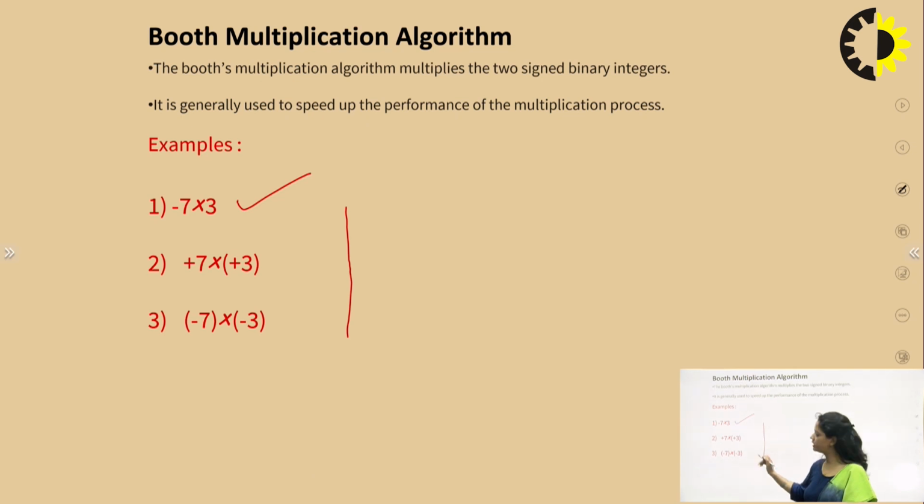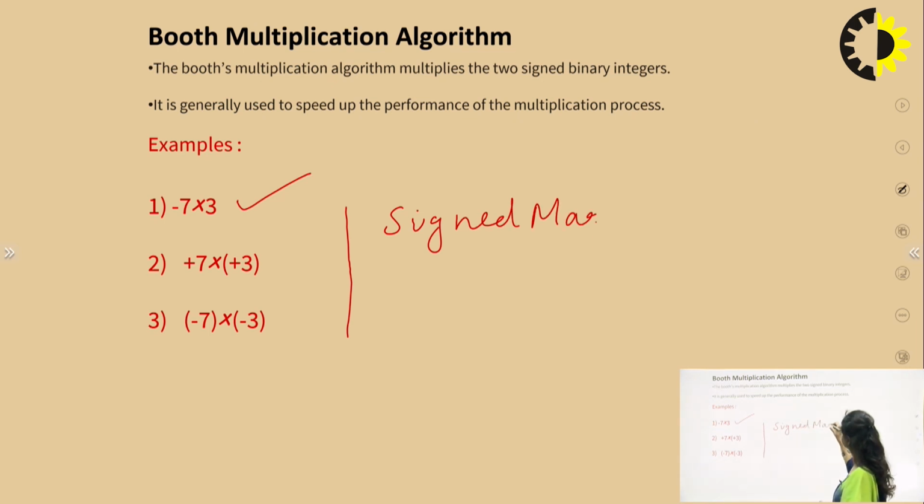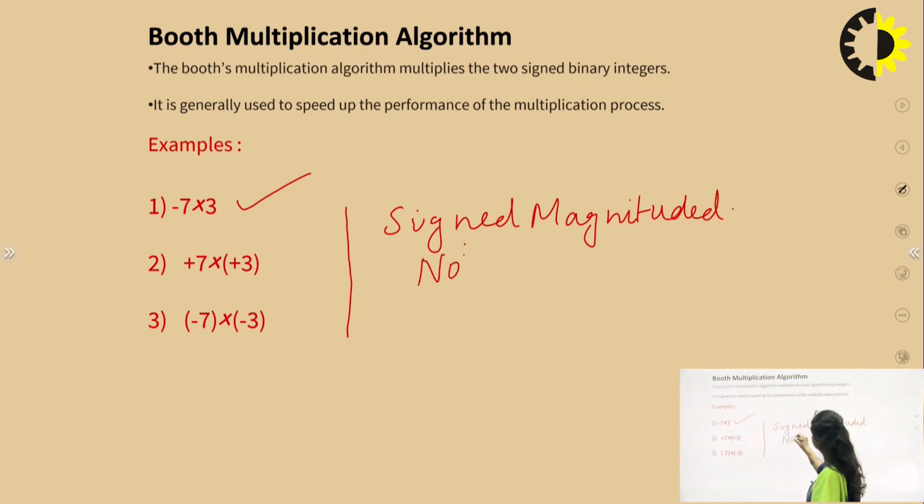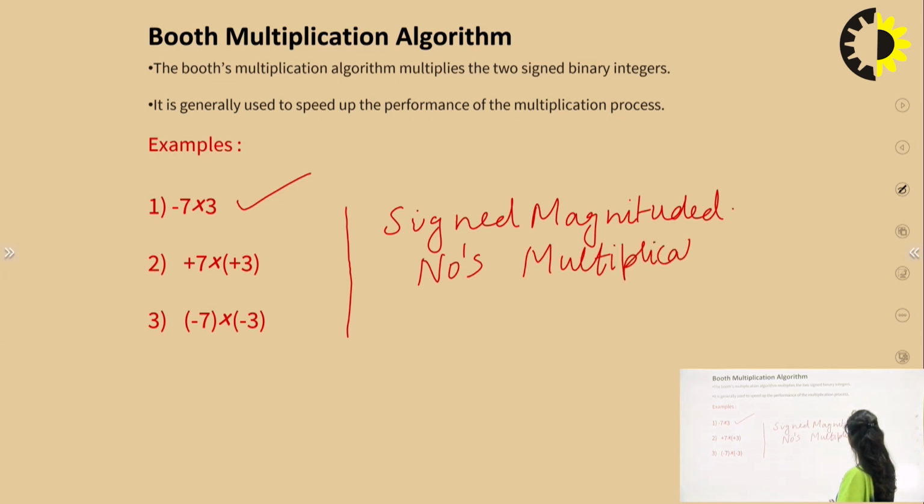So these are three cases of signed magnitude number multiplication. Booth algorithm is used for solving these three cases.